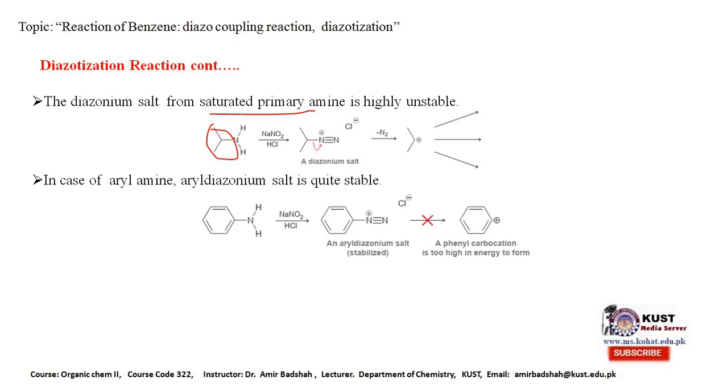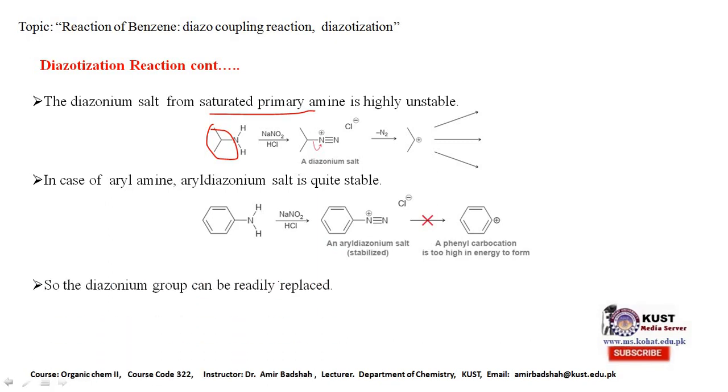So if an unstable species is formed, this reaction will not occur. In the former case, the carbocation is more stable than the diazonium salt, but in this case, the aryl diazonium salt is more stable than the phenyl carbocation. That's why the aryl diazonium salt is more stable.